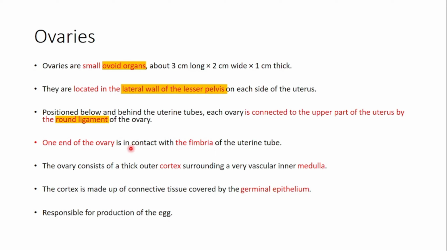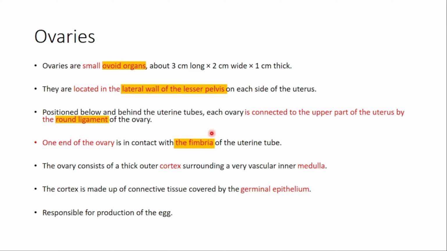And one end of the ovary is in contact with the fimbria of the uterine tube. And during ovulation, sex hormones activate the fimbria, and they attach to the walls of the ovary, sweeping on it to suck and grasp the released ovum from the ovary.